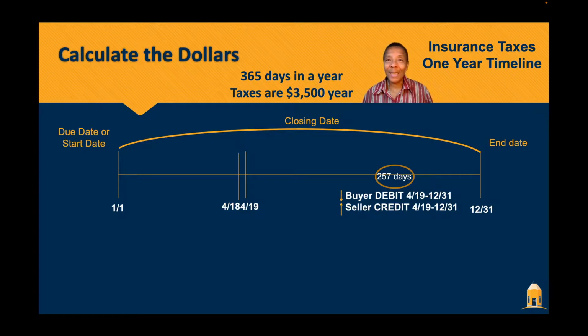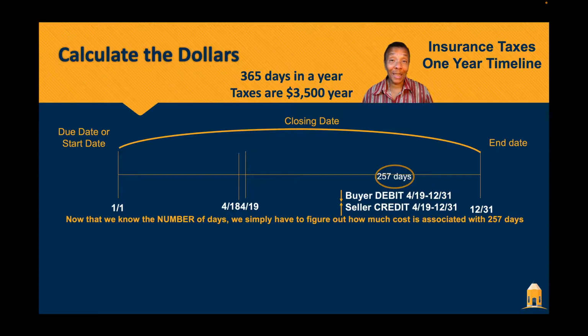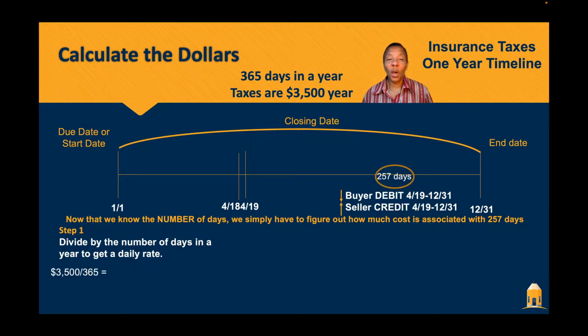Well, it's pretty easy at this point because you're always going to divide by 365 when you have taxes and insurance. So let's look at how easy it is. You're going to take the number divided by 365. So you have 3,500 divided by 365. For our purposes here, I'm going to say $9.59 a day.